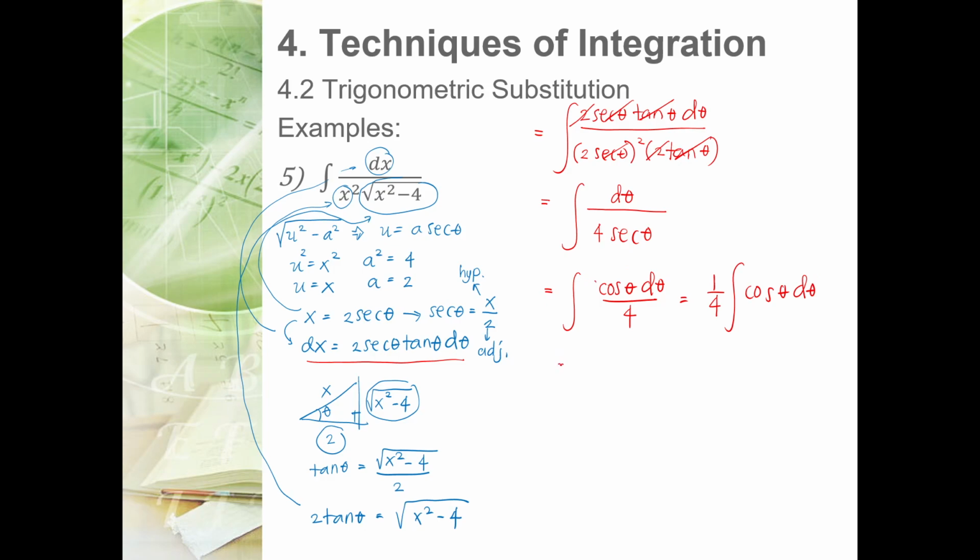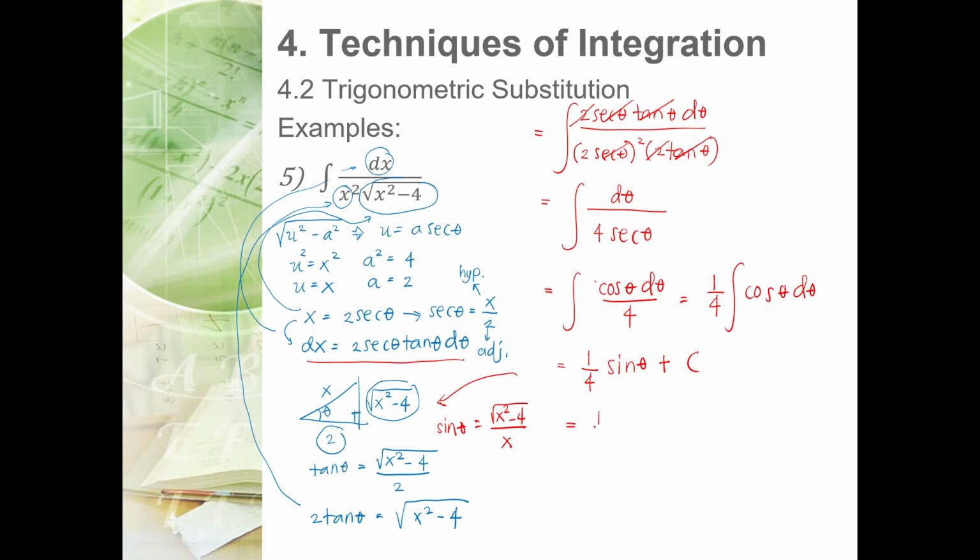So the integral of cosine, that's super basic. So that's 1/4 sine theta plus c. So again, going back to the right triangle, sine theta is the square root of x squared minus 4 all over x. That's opposite all over the hypotenuse.